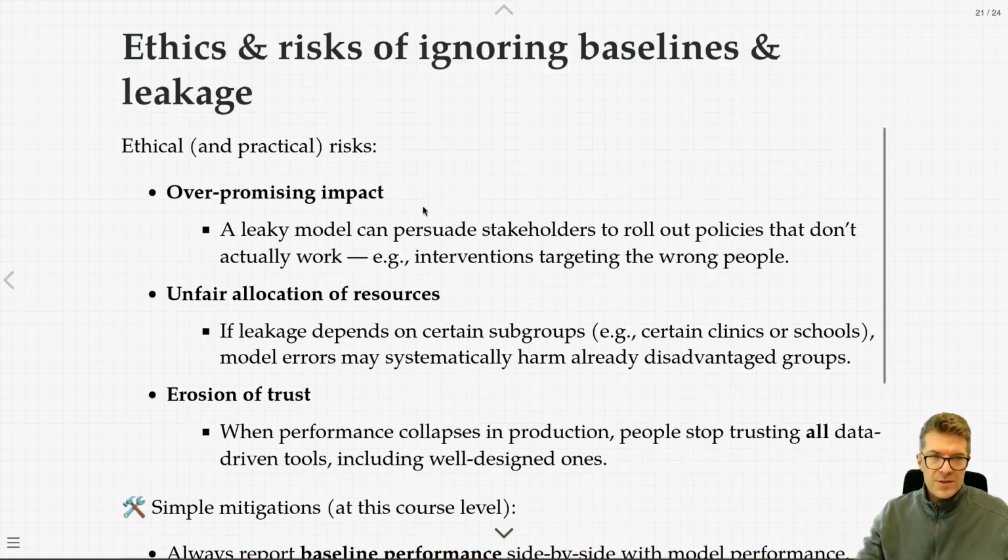Over-promising impact is an ethical risk. Avoid running to your stakeholders and showing off how performant your model is. It's always a good idea to go back and evaluate and reevaluate your results so you don't end up overemphasizing the quality of your performance, and also potentially targeting the wrong people.